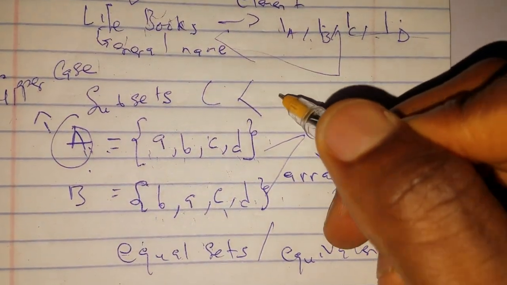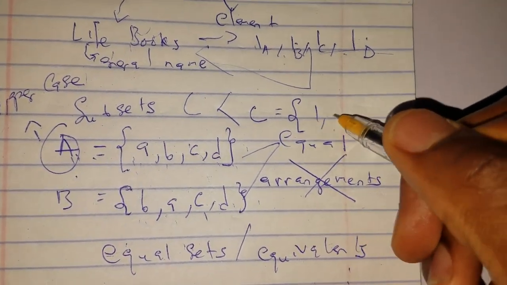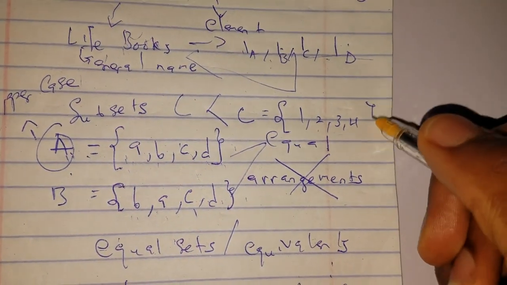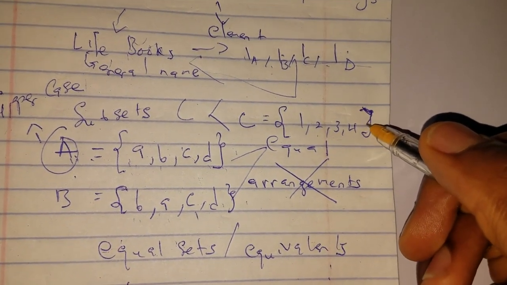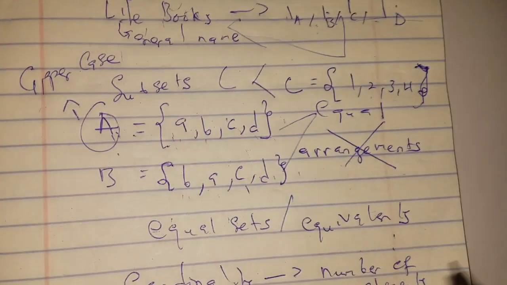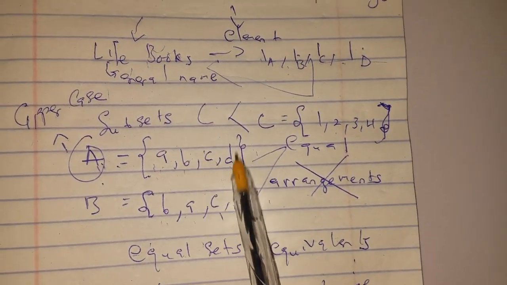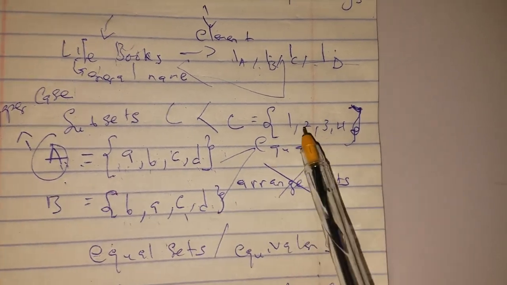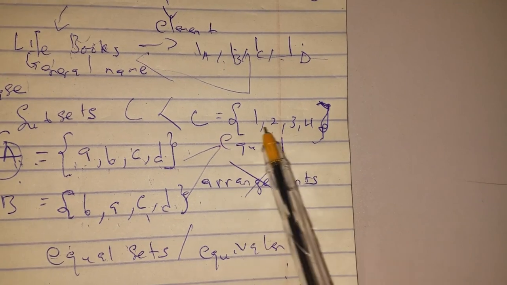For example, we have a set C equal to the elements 1, 2, 3, 4. Let me just do the brackets, it sometimes confuses me. Now the set A, B, C, D has 4 elements, and set C also has 4 elements.